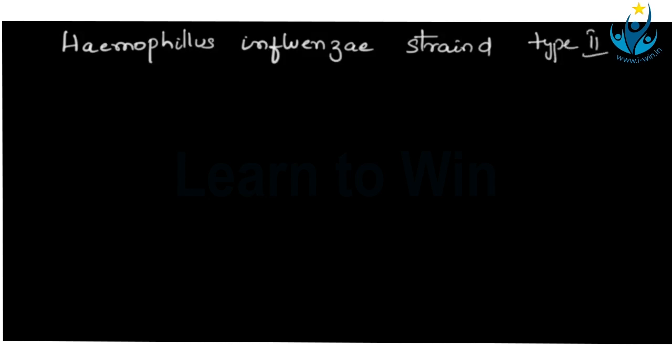Okay, now I'm going to give you 2 minutes. Pause the video and answer this. I hope all of you have done the answering. So it is HIND2. Let us write it here, HIND2.